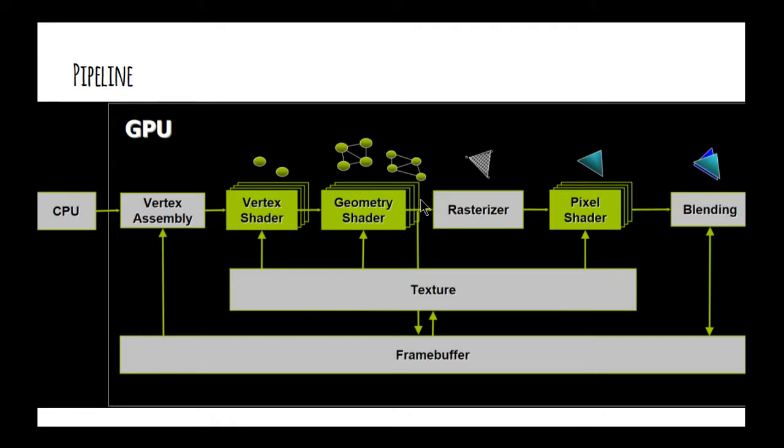Okay, the next thing, data can be streamed out into the rasterizer. After some texture loading and maybe some extra data from the frame buffer, we can load it to the rasterizer. We'll talk about the rasterizer a bit later.